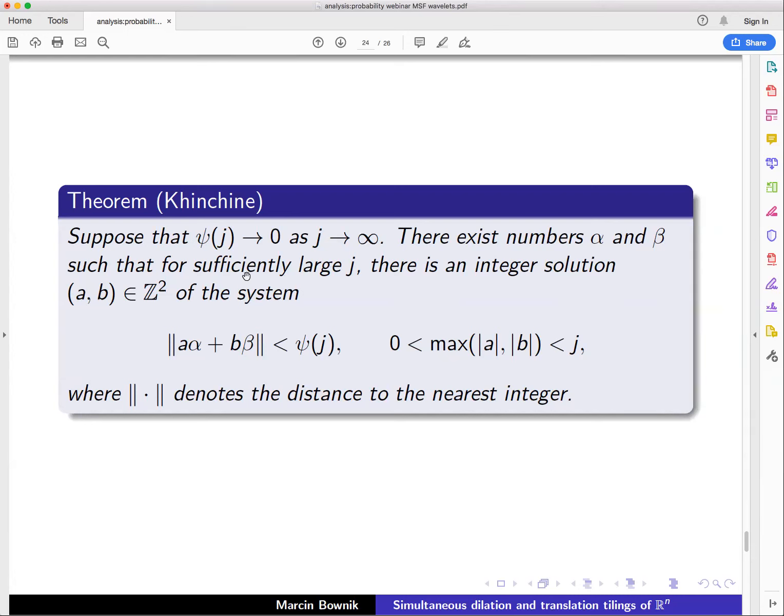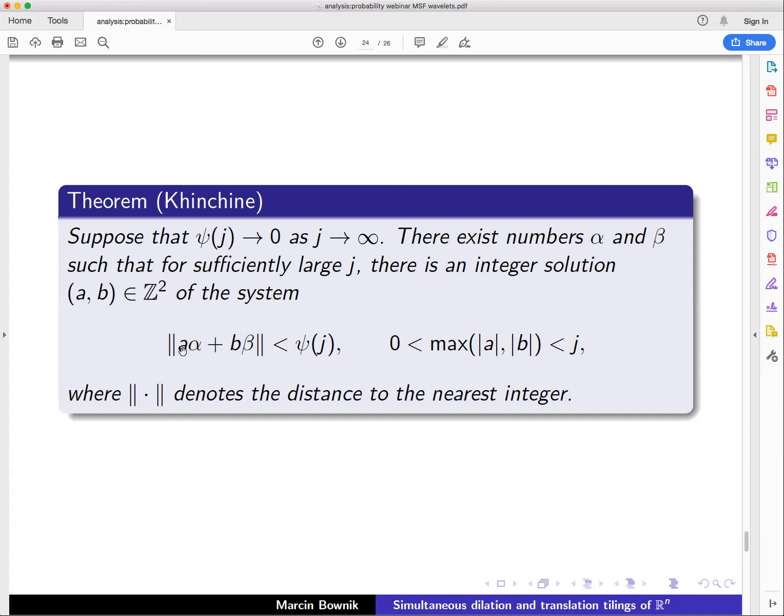So that for infinitely many j, you can always find integer solutions A alpha plus B beta close to 1, it's not exactly equal to 0, but the norm of this is almost 0. So it's bounded by this psi j. This function psi j goes arbitrarily fast to 0, as I mentioned. And those solutions correspond to small values of A and B.